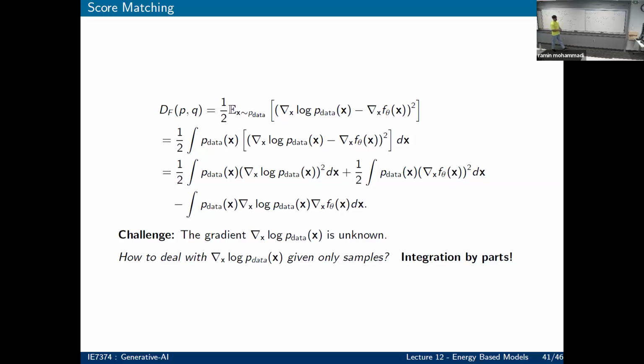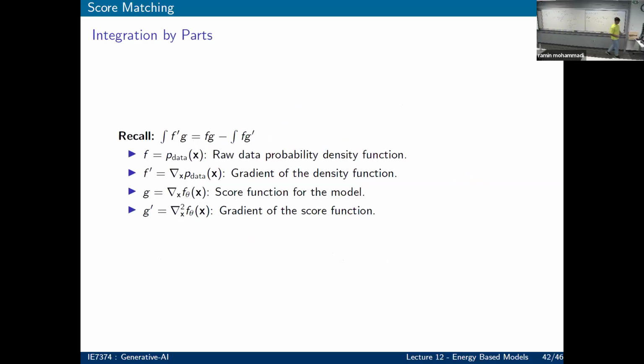Assume that f is going to be the P data, f prime is going to be the gradient of log of that, and this becomes g. And g prime becomes technically that second-order gradient term. Just digest that for a second.